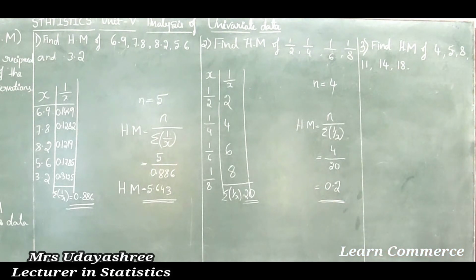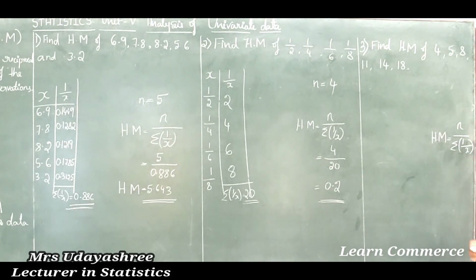Okay, next move to problem number 3. Here problem number 3 is find harmonic mean of 4, 5, 8, 11, 14 and 18. See here, given informations are ungrouped data and we need to calculate harmonic mean. To calculate harmonic mean in case of ungrouped data, the formula is harmonic mean is equal to n divided by summation 1 by x.